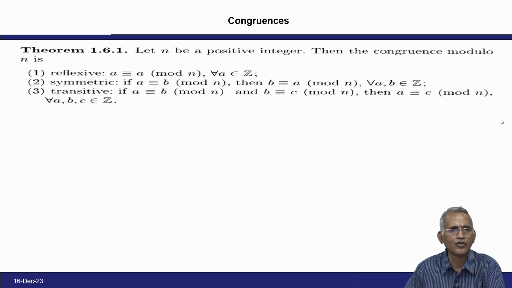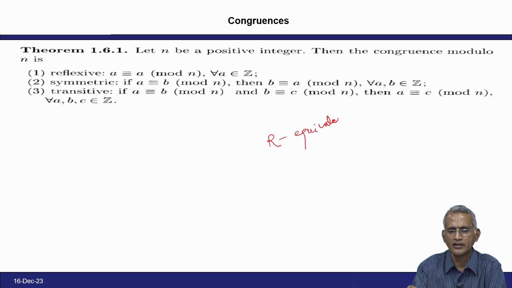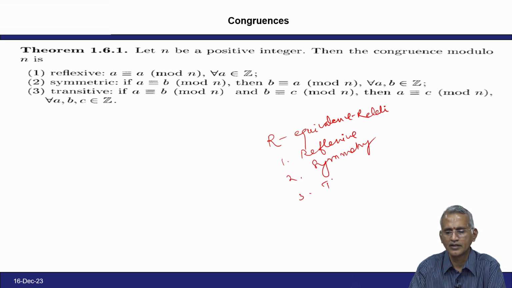I hope many of you know the basic ideas of equivalence relation. It is applicable in congruences. A relation R on a set is said to be an equivalence relation if, number 1, it is reflexive; number 2, symmetric; number 3, transitive. Reflexive means x is related to x.